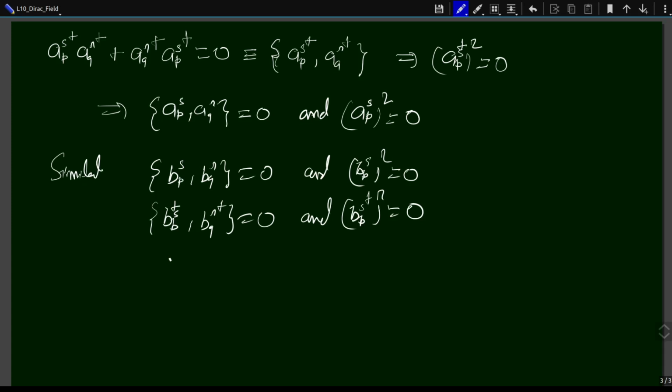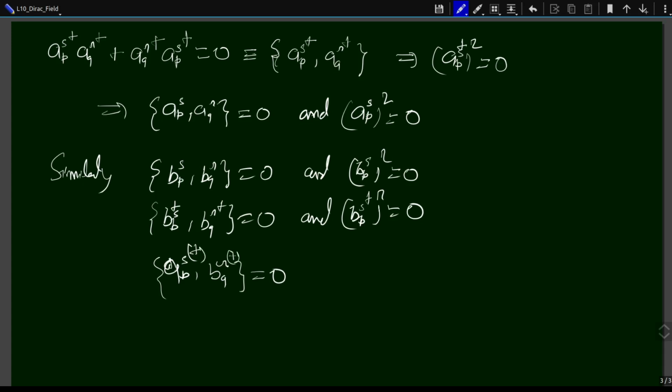So we also have the mixed A and B case. The anti-commutator of a_{ps} and b_{qr} is equal to 0, with dagger or without. So these are four relations. You can put dagger at two places, only one place, that's two ways, and no places.